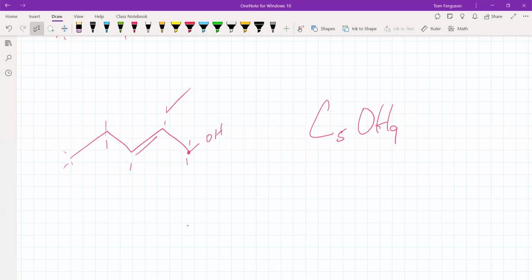Now, I'm not hearing any questions. Let's see what the chat looks like here. Can I ask you, how do you identify exactly how many hydrogens attach to each of the carbon points on the drawing? Okay.